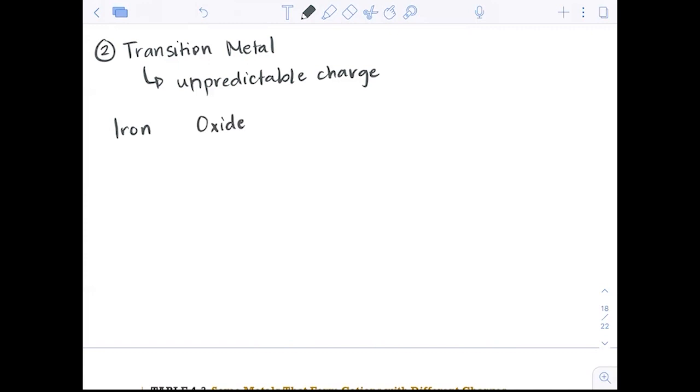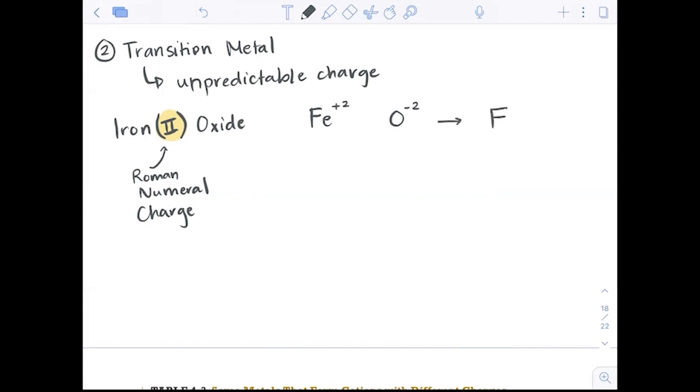Well, for a transition metal, when we have an unpredictable charge, we need to, in parentheses, right after that metal, put the Roman numerals of its charge. That 2 tells us iron is a +2 charge, oxygen is a main group, so it is predictable as that -2. Our formula unit is FeO.